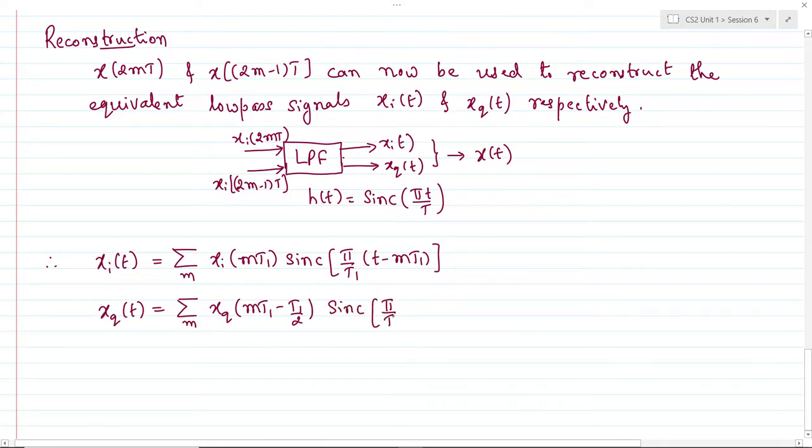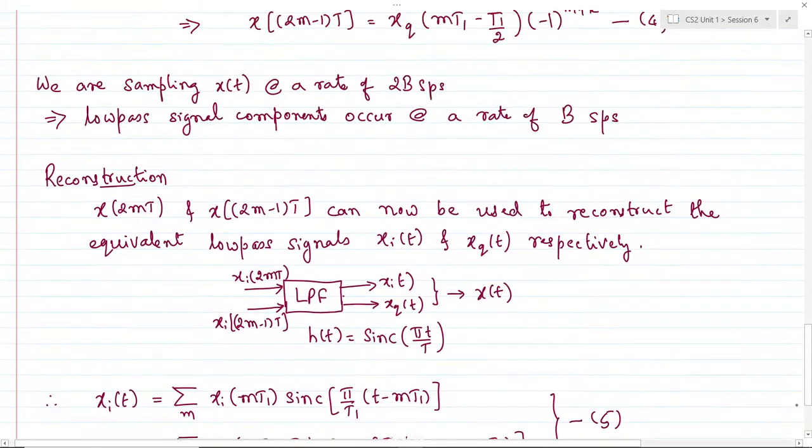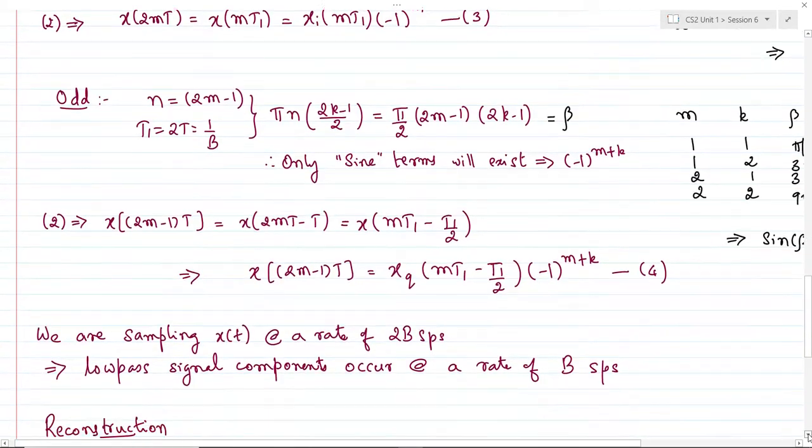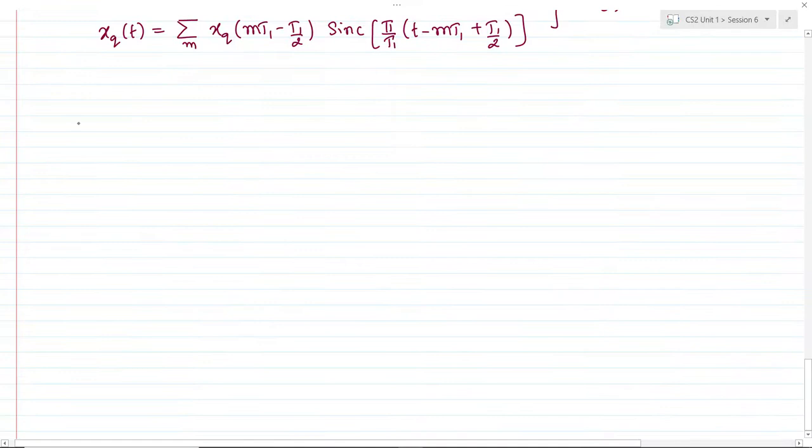From 3 and 4, you can see that we have expressed x of 2mt and x of (2m minus 1)t, or x of mt1 minus t1 by 2, in terms of xi and xq. Now that we want the values of xi and xq, we can just take this minus 1 power m and minus 1 power m plus k to the other side and express xi of mt1 and xq of mt1 minus t1 by 2 in terms of the left hand sides. Using equations 3 and 4, we can write x of 2mt as minus 1 power m times xi of mt1.